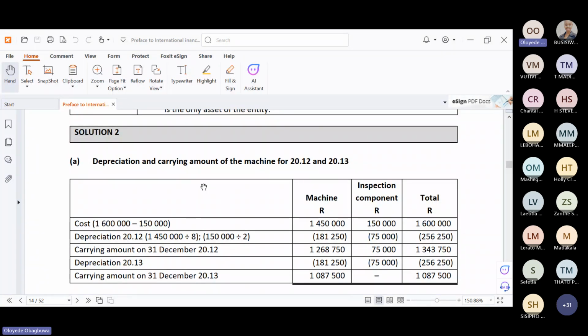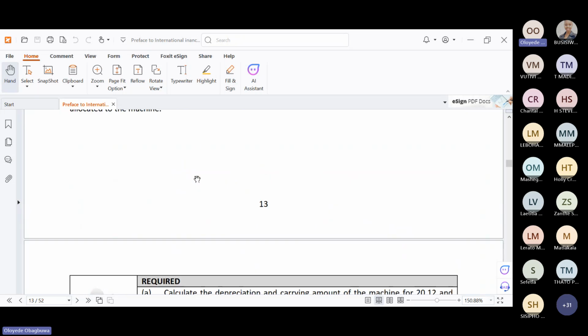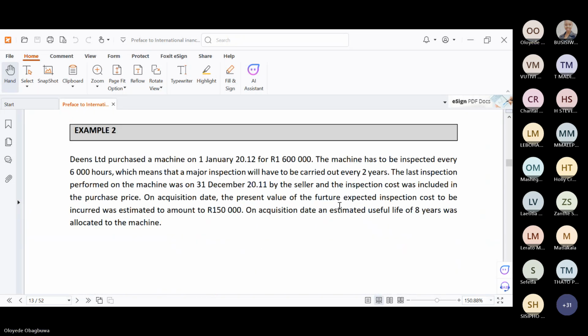Because we were told in the question that the last inspection performed on the machine was on 31st December 2011 by the seller, and the inspection cost was included in the purchase price, and the purchase price is 1,600,000, and the inspection is estimated to be 150.